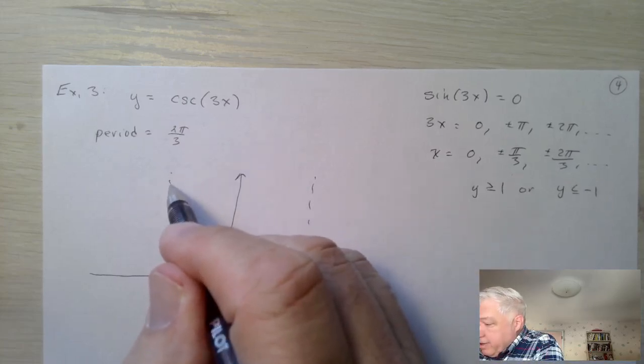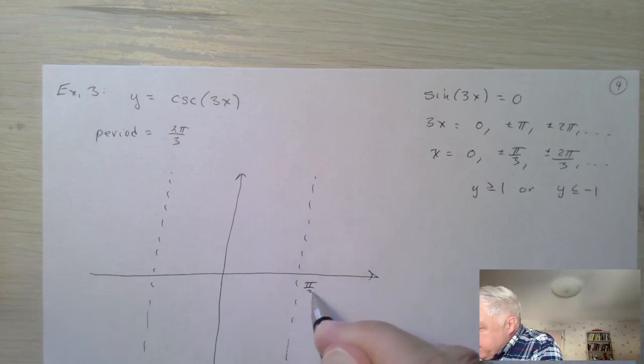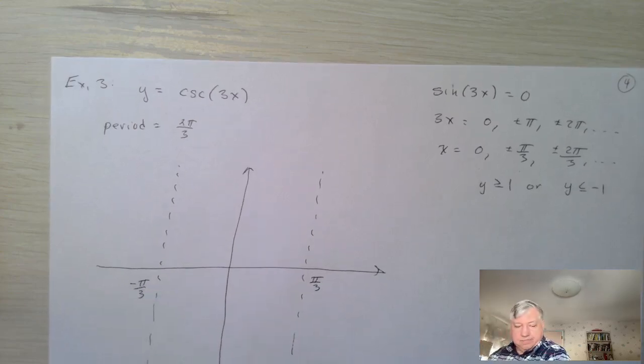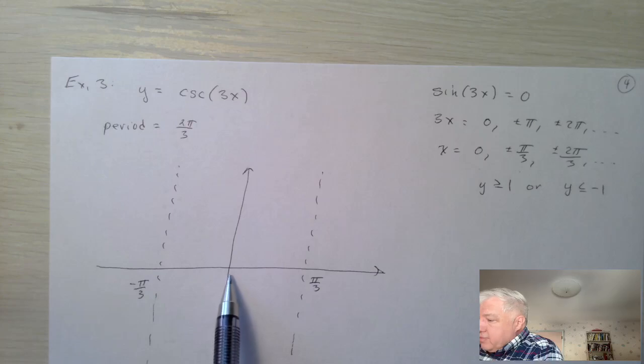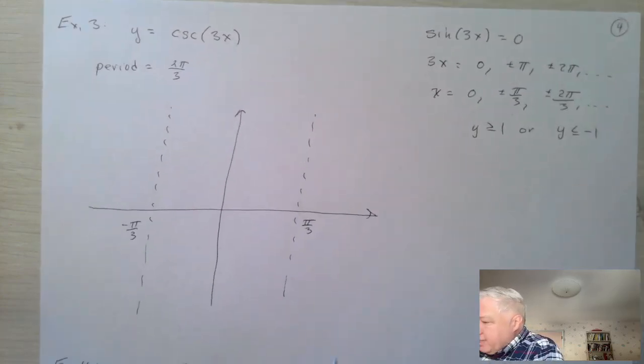And maybe we'll go over here. Okay, so this is pi over 3 and negative pi over 3. And then we have a vertical asymptote right here on the y-axis.